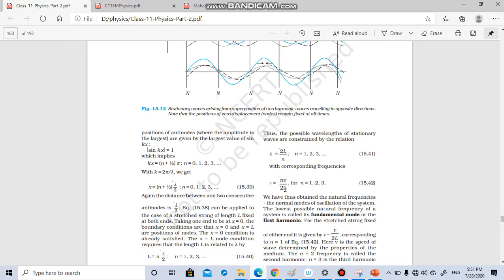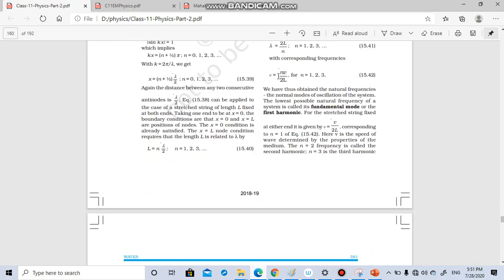NV by 2L, like that. So this N value you keep on changing, the value of frequency keeps changing. When you put N is equal to 1, it is the fundamental frequency. But when you put N is equal to 2, it is the first harmonic. When you put N is equal to 3, it is the second harmonic.